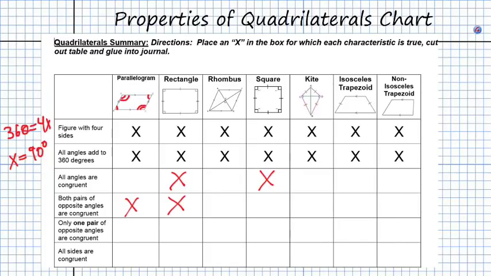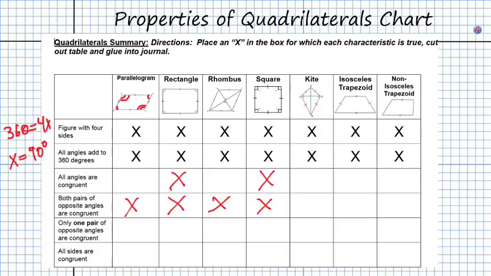What about for our rhombus? Well, it looks like that's also a requirement of a rhombus. And then additionally, that's going to be a requirement of our square. All right, so those four figures have the opposite angles that are congruent.